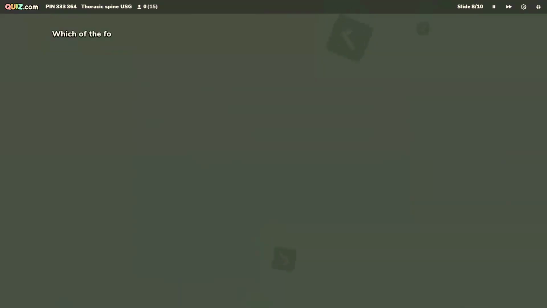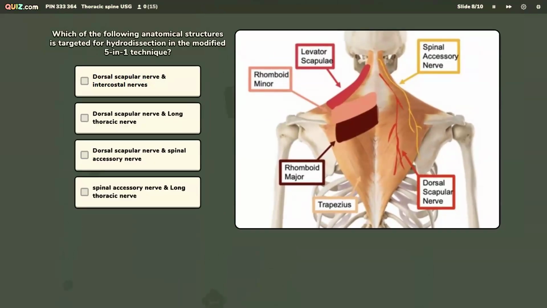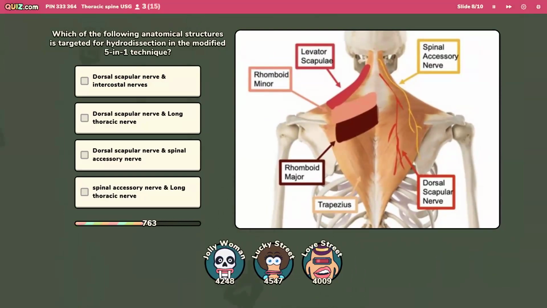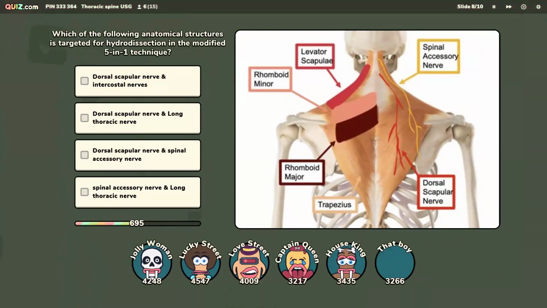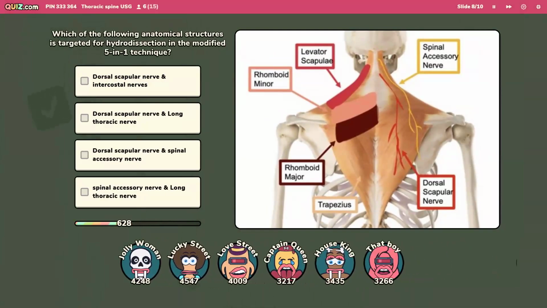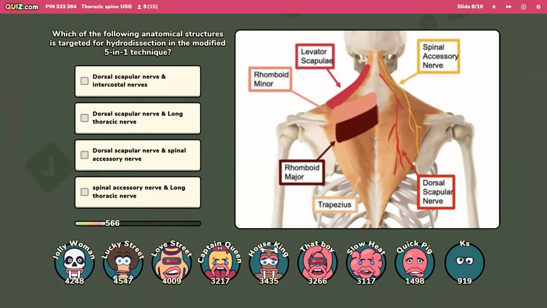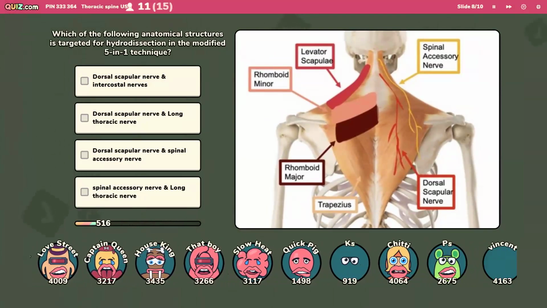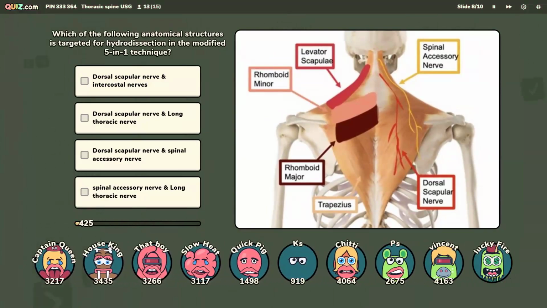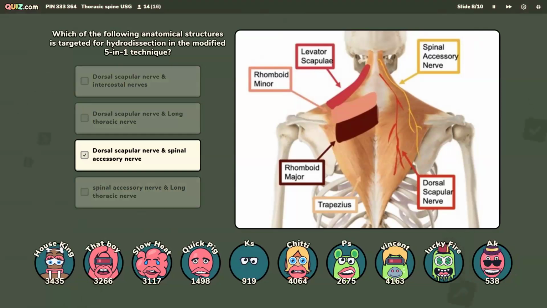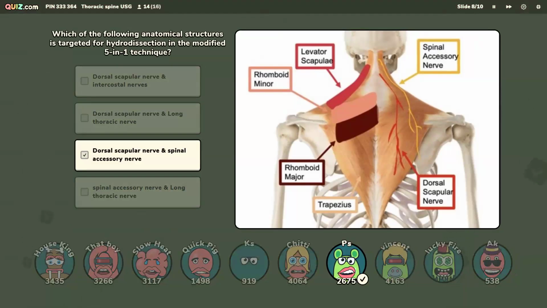Which of the following anatomical structures is targeted for hydrodissection in the modified 5-in-1 technique? Dorsal scapular nerve and spinal accessory nerve.